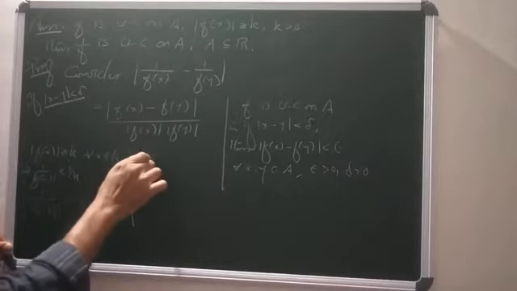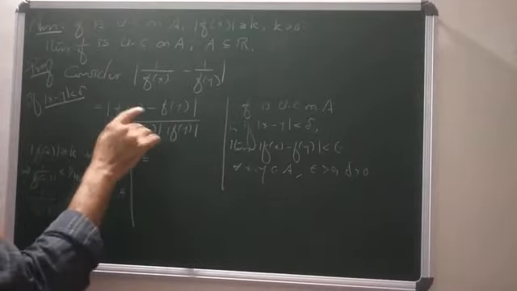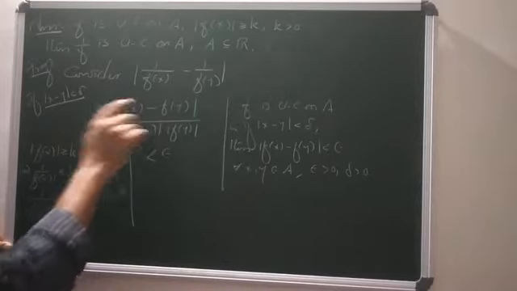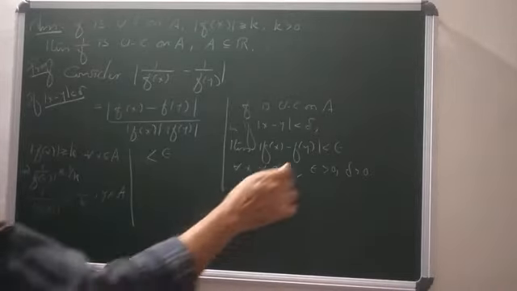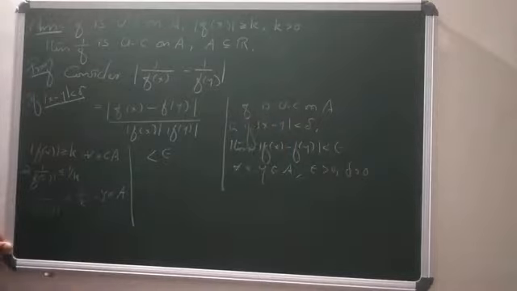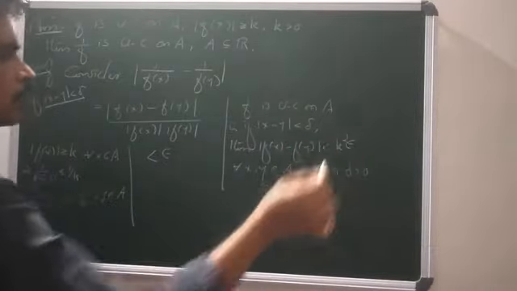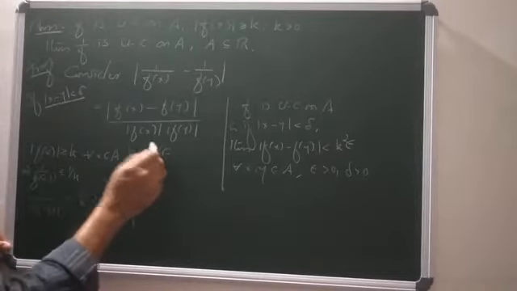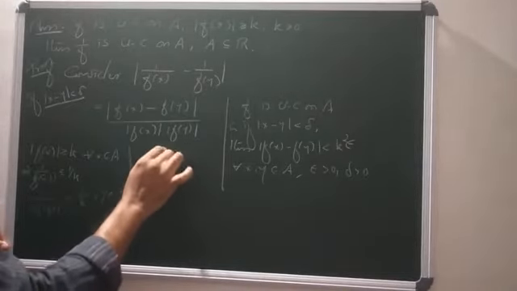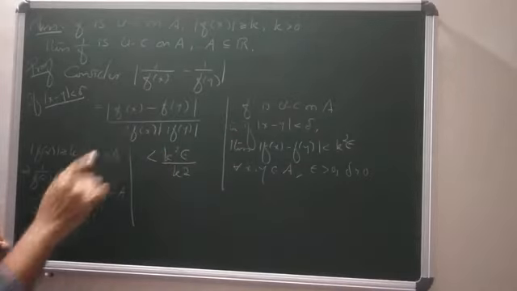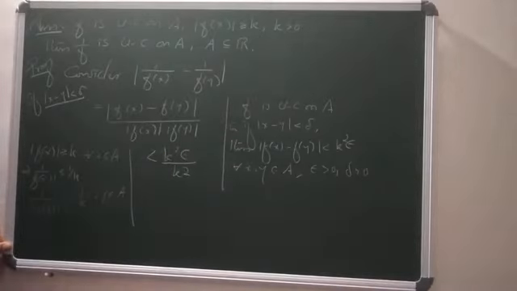Therefore, modulus of 1 by f of x minus 1 by f of y has a numerator strictly less than epsilon. Since k is positive, suppose it is k square into epsilon. The numerator is k square into epsilon, divided by the denominator, which is at least k square.